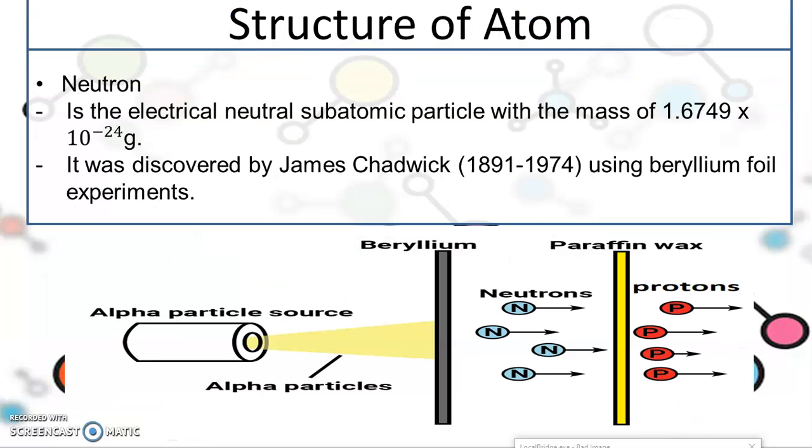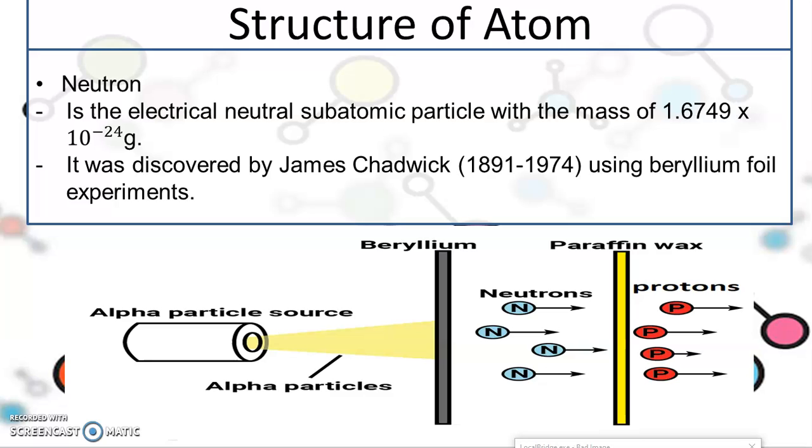Okay? So next is the neutron. A neutron is an electrically neutral subatomic particle with a mass of 1.6749 times 10 raised to negative 24 gram. It was discovered by James Chadwick in 1891-1974 using his beryllium foil experiment.